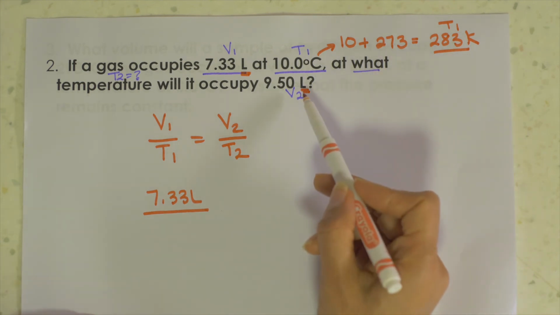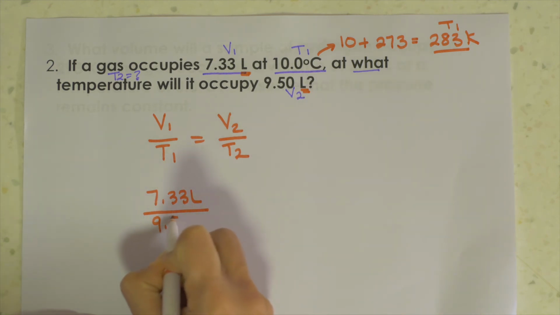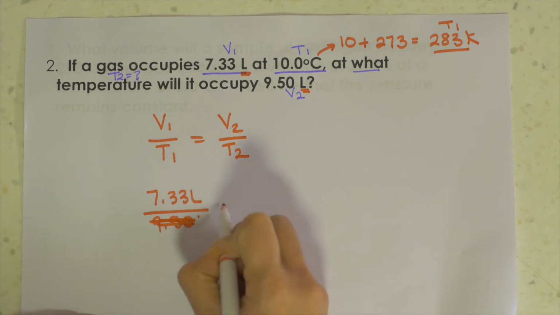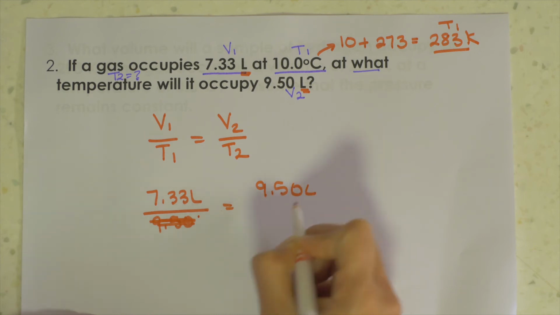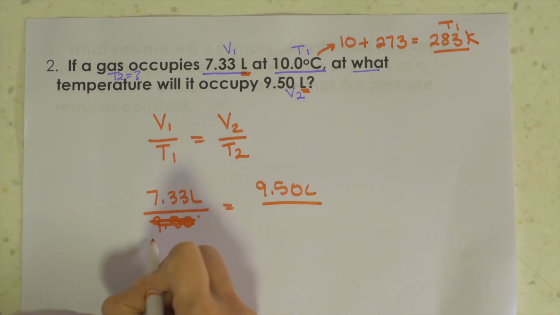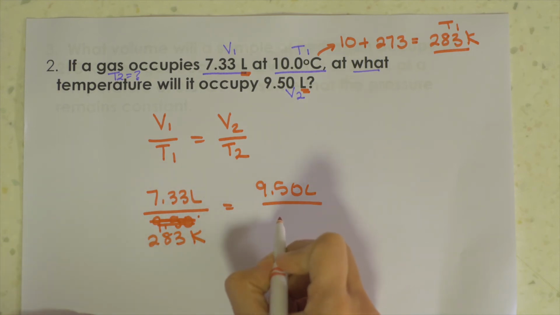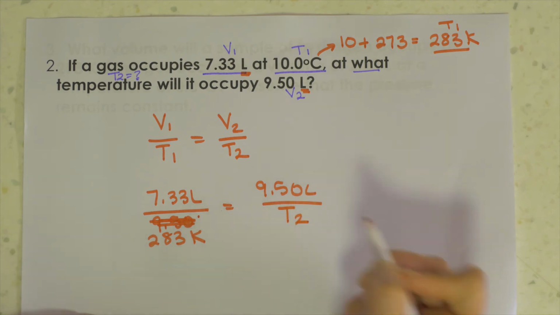Like if they gave this to you in milliliters, you would need to convert it to liters. But in this case, they gave you both in liters. So we can just throw those both in there. This is this 9.50 liters. And then under here is going to be my T1, which is the 283 Kelvin. And then over here is my T2.